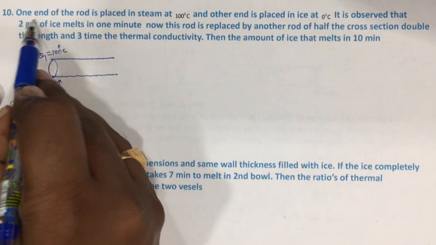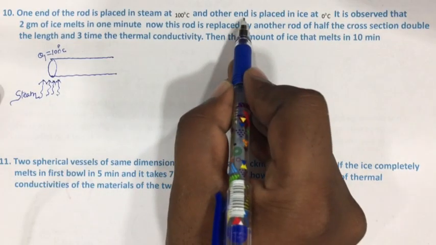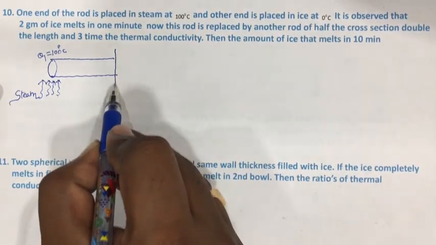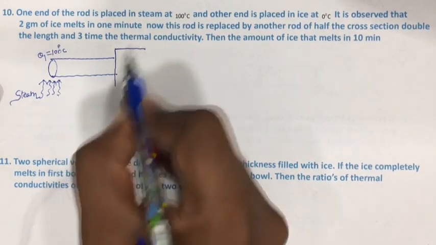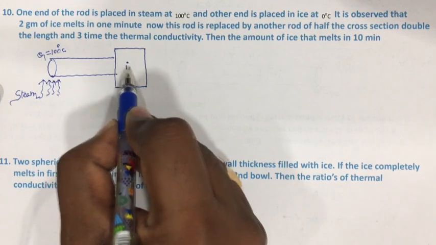One end of the rod is placed in steam at 100 degrees Celsius and the other end is placed in ice at 0 degrees Celsius. ఈ రాడ్కి ఇంకొక సైడ్ అదర్ ఎండ్ ఐస్ పెట్టాం, ఐస్.